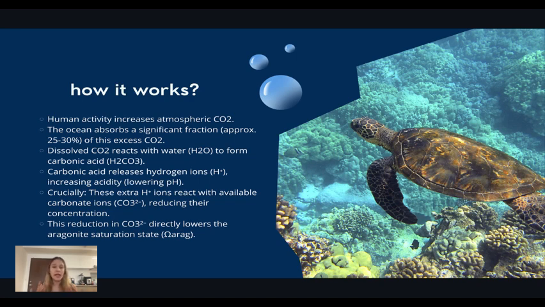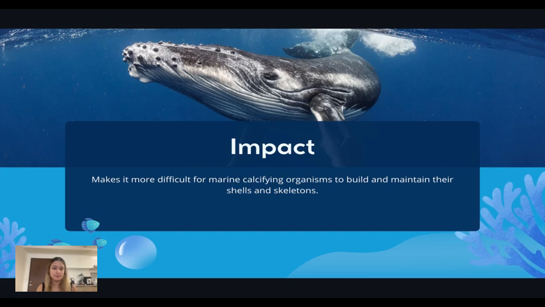When this carbonic acid is released in the ocean, it increases the acidity, which means lowering the pH. And these extra ions react with available carbonate ions, which helps reduce their concentration. This reduction of CO3 directly lowers the aragonite saturation state, which affects the ocean and the marine shells.